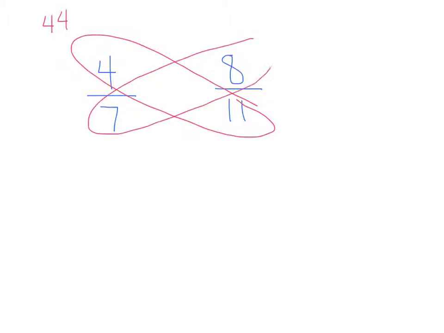We can multiply 8 times 7, which is 56. And then we can multiply 7 times 11, which is 77. This becomes 44/77, and 8/11 becomes 56/77. 44/77 is then less than 8/11, which is 56/77.